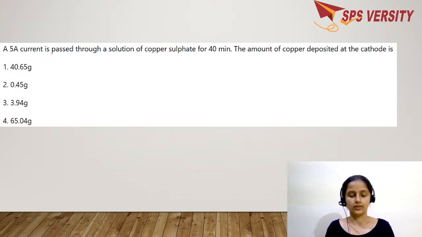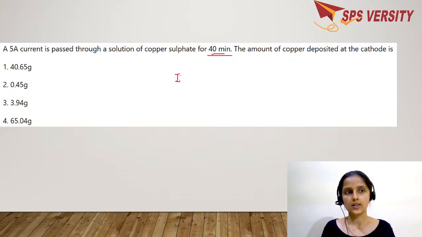The next question is also a similar type of question. A 5 ampere current is passed through a solution of copper sulfate for 40 minutes.